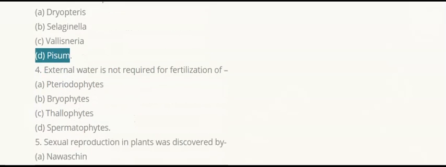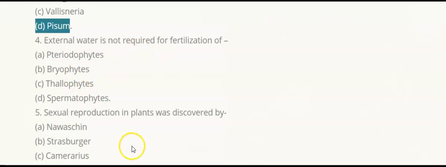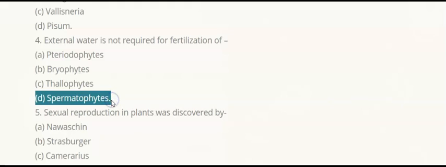Then we move to question number 4. External water is not required for the fertilization of pteridophytes, bryophytes, thallophytes and spermatophytes. Now this was already covered in classification. As far as thallophytes are concerned, in this we get algae. Bryophytes are liverworts and mosses, and pteridophytes are again a group of plants.